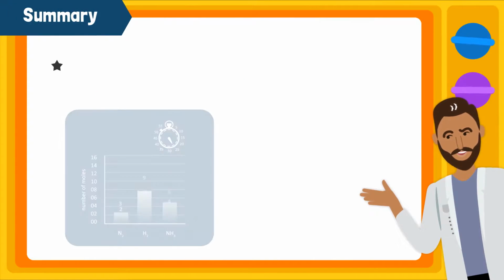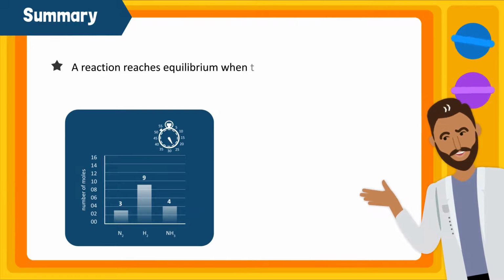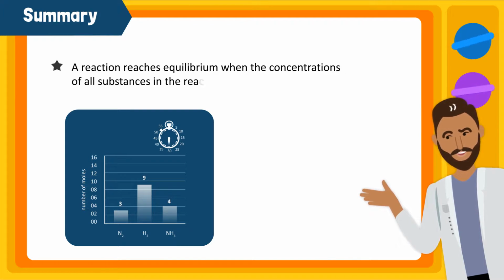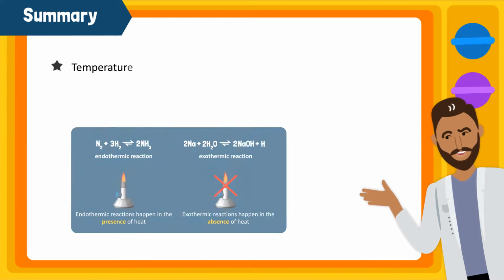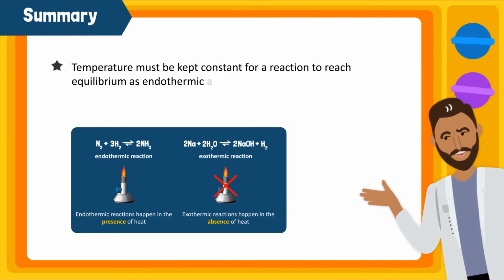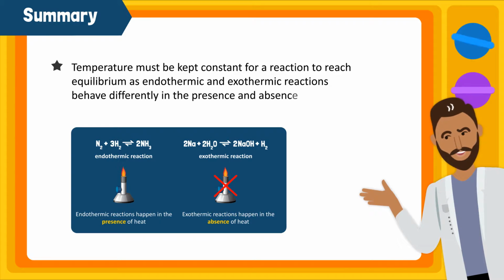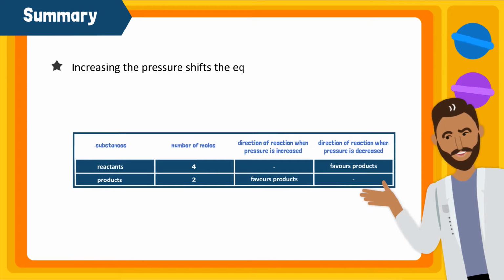Here's what we learned in this video. A reaction reaches equilibrium when the concentrations of all substances in the reaction become constant. Increasing the temperature increases the rate of endothermic reactions and decreases the rate of exothermic reactions, and vice versa. Therefore, the temperature must be kept constant for a reaction to reach equilibrium.